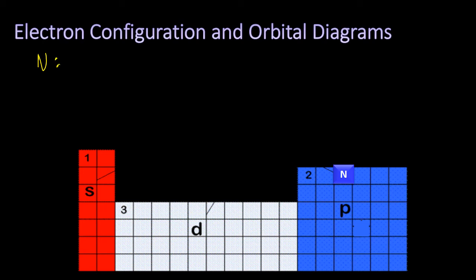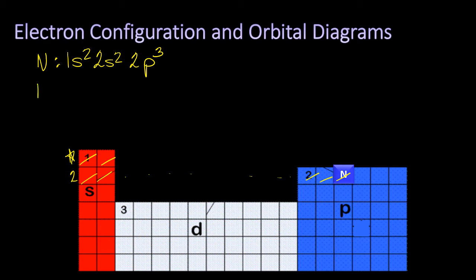Okay, I am going to start here with 1s2. Then I'm going to drop down to the second energy level, 2. I'm in the S block, 2s2. And I'm going to go all the way over here to the second energy level, and we're in the P block, 2p1, 2, 3, 2p3.